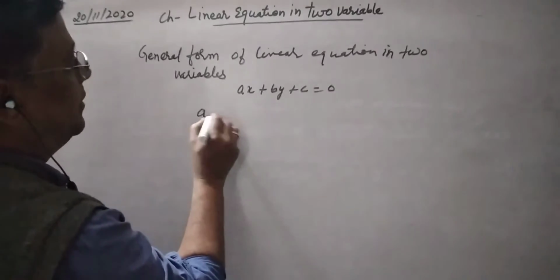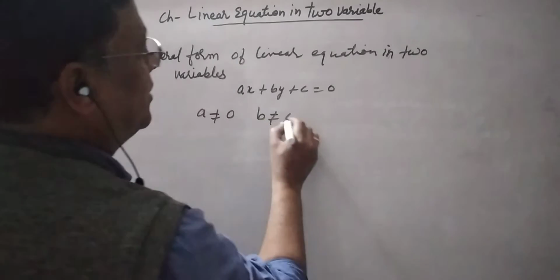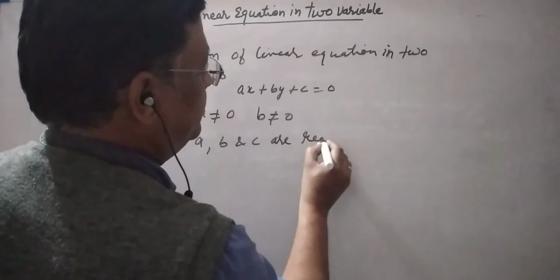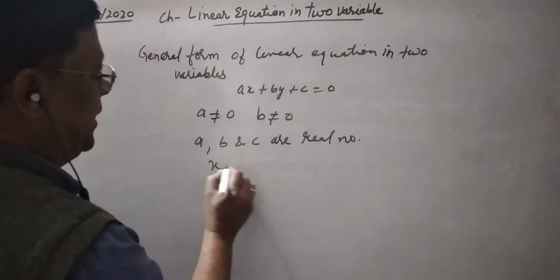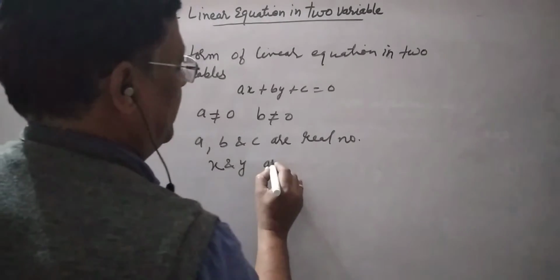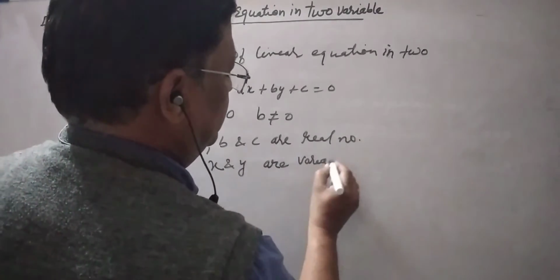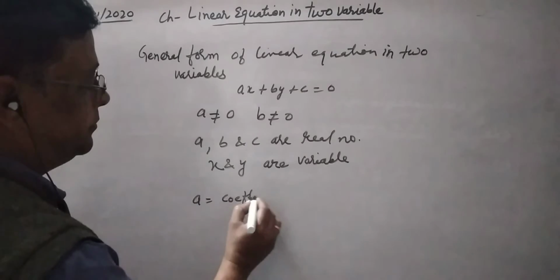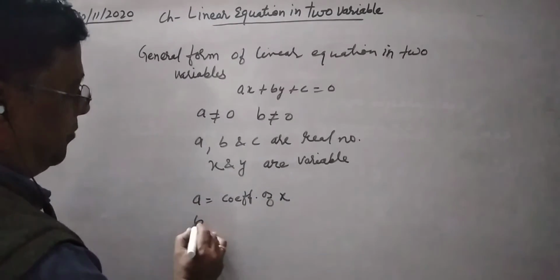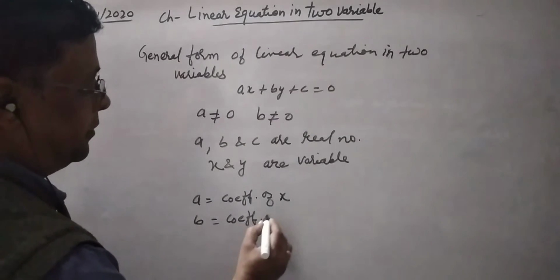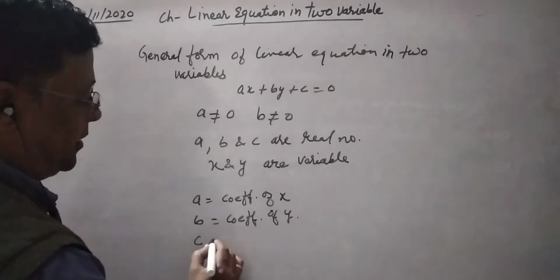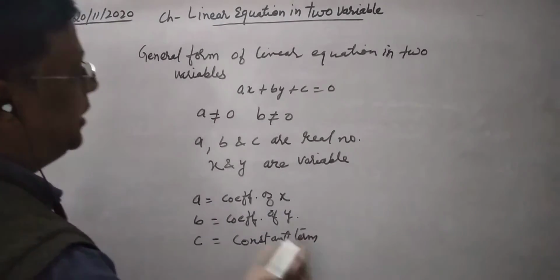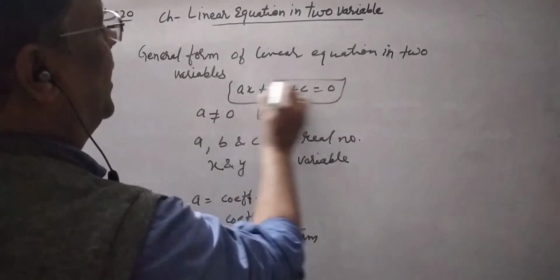Here a is never 0, b is never 0, a, b and c are real numbers, and x and y are variables. Here a is the coefficient of x, b is the coefficient of y, and c is the constant term. This way an equation has its parts.